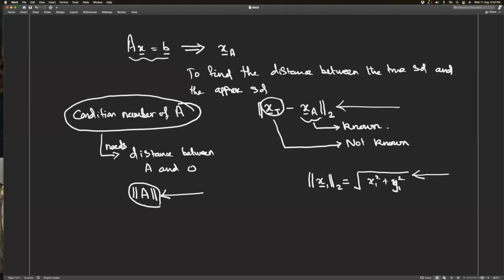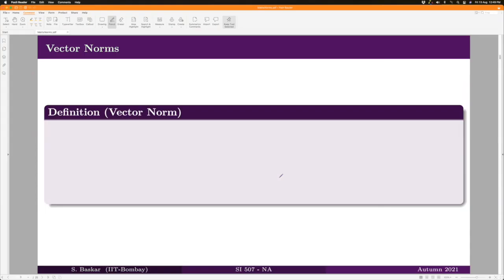Once we have that abstract framework in the vector case, then we will try to generalize it to any object that is not necessarily a vector in Rn. We call the generalized notion of distance norms.